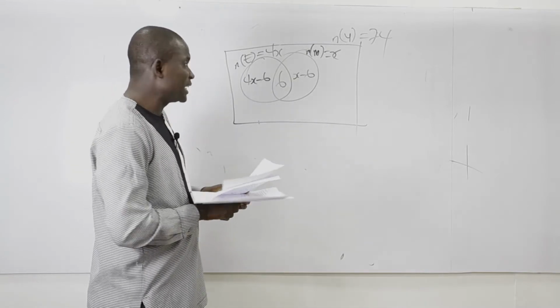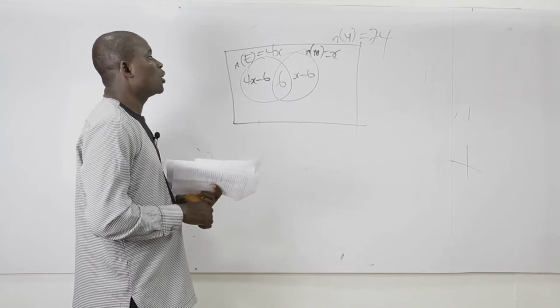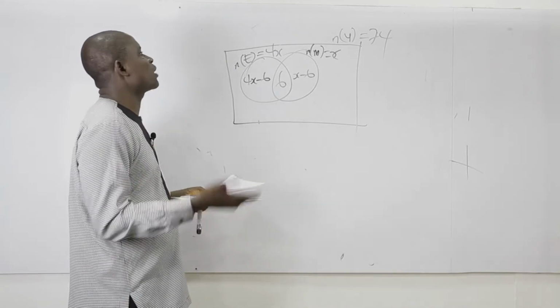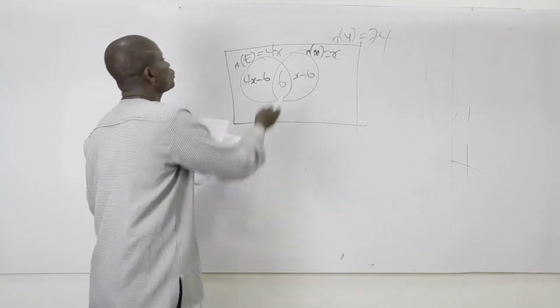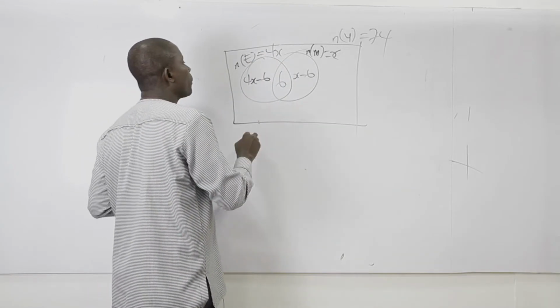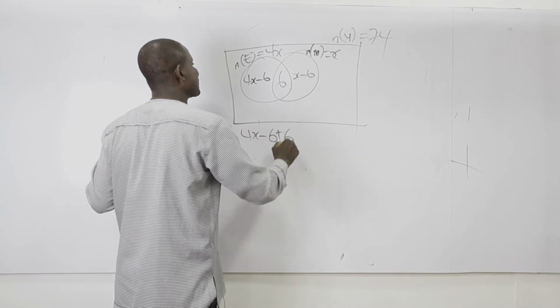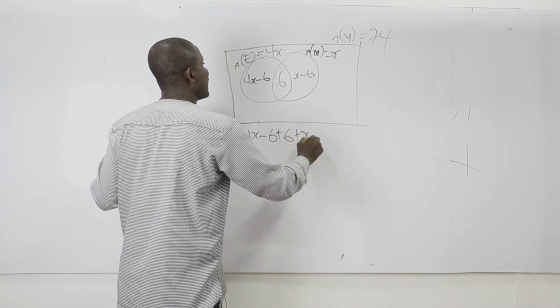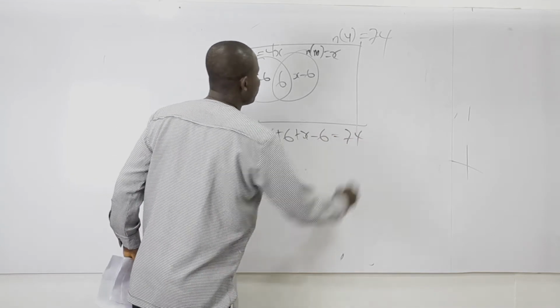And once again, everybody is studying at least 1 or 2 of the subjects. So over here, the simplest way I can go by is that, as I did in the previous one, I can just write for this whole circle. Another person can write it this way: 4x minus 6 plus 6, okay? Plus x minus 6 is equal to 74.